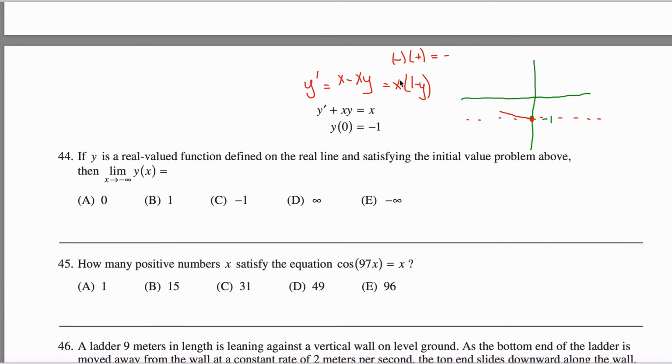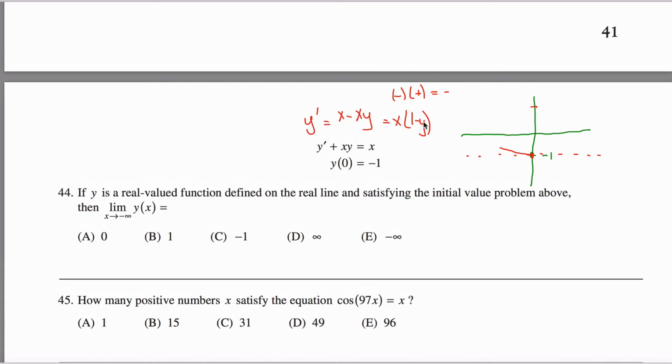This x-coordinate is always negative, and 1 minus y will always be positive because y will never be able to be more than 1. Because the minute y hits 1 up here, or as y approaches 1, I guess is a better way to say that, this term approaches 0. So I have some number times some number that approaches 0. This levels back out; the slope gets back to 0.